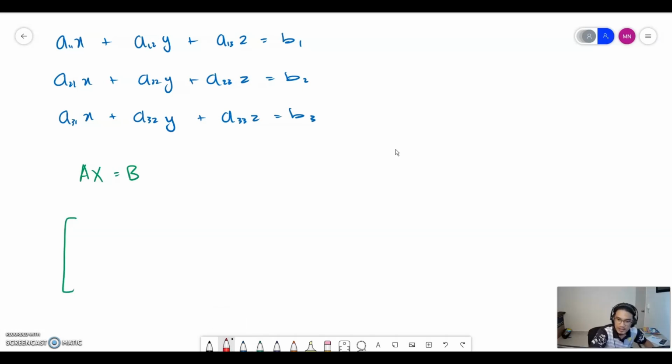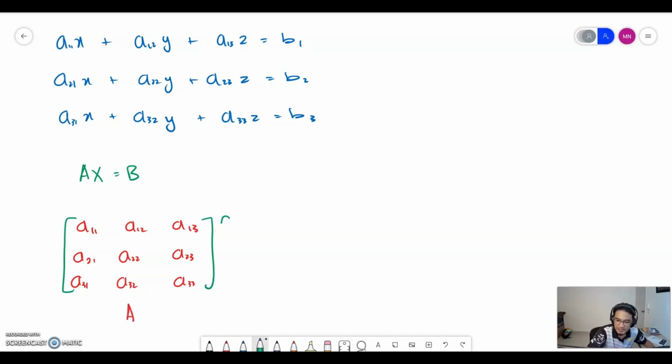Let's look at the first linear equation: a11, a12, and a13. Those coefficients will fill up the first row of matrix A. Then the second row comes from the second linear equation, and finally the third row comes from the third linear equation. Okay, so now we have finished matrix A.